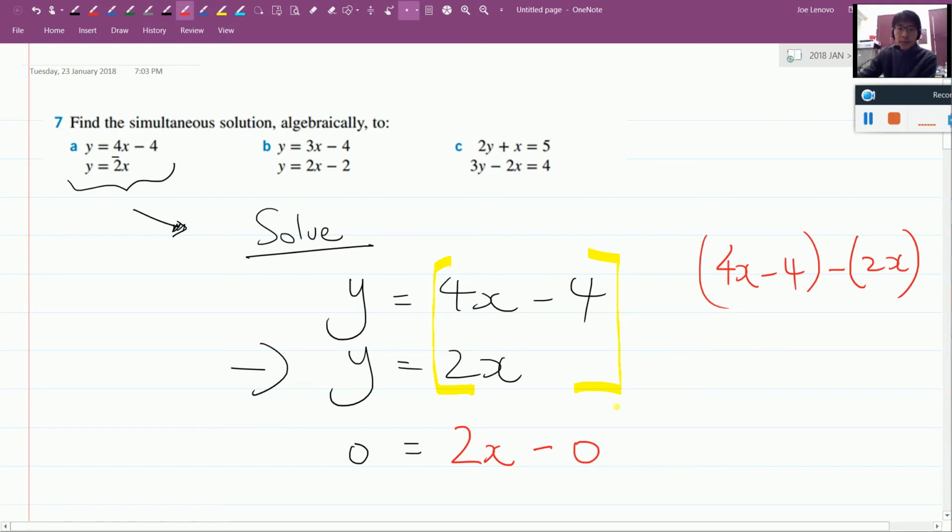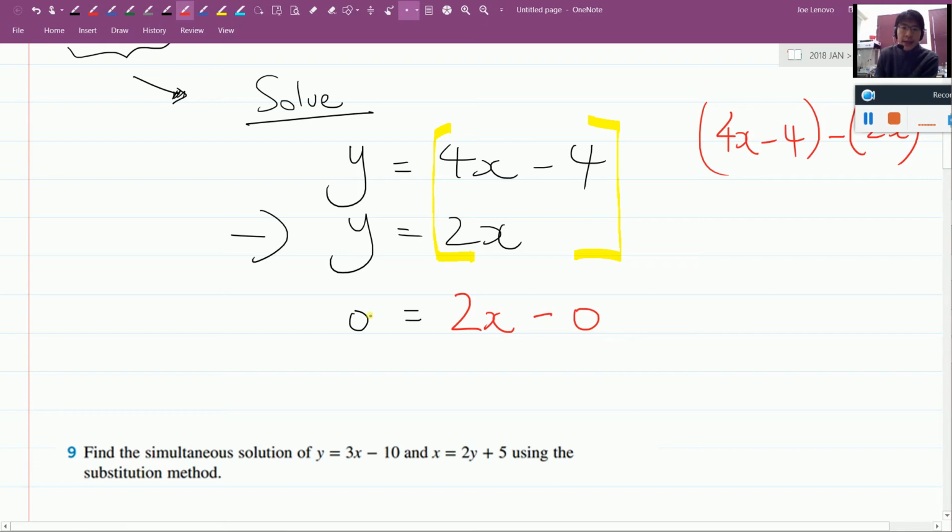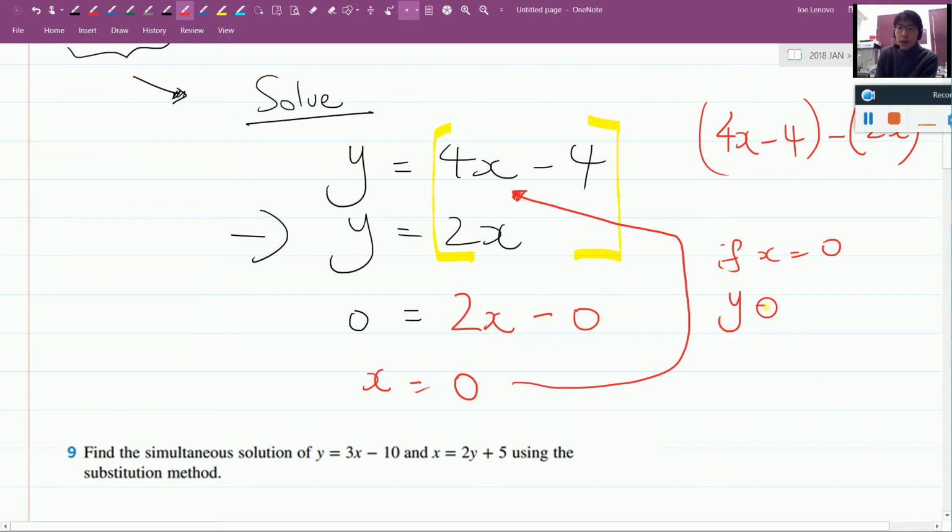Then we can see that 4x minus 2x is 2x and y minus y equals 0. A number times 2 equal to 0 means x needs to be 0. If x equals 0, we can substitute that into the first equation. If x equals 0, y equals 4 times 0 minus 4, which is negative 4.